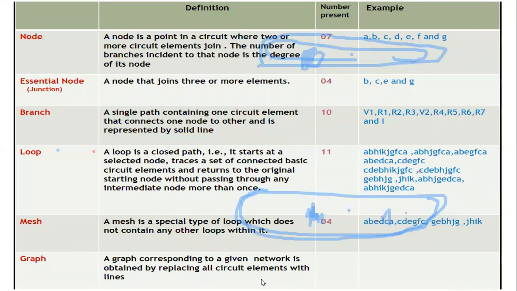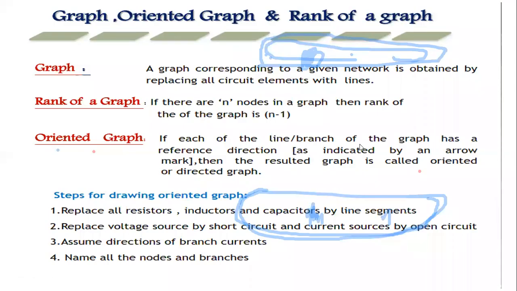So if you replace all circuit elements with lines, you will get a graph. You will remove all the elements.